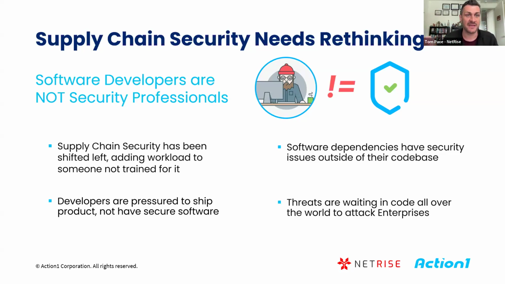Here are the ones they fixed. Here are the ones they couldn't get to. Here's the roadmap for vulnerability in the future. Like, you don't get any of that, obviously. So you're missing all of this visibility and risk identification for this software that you're getting from your third parties.